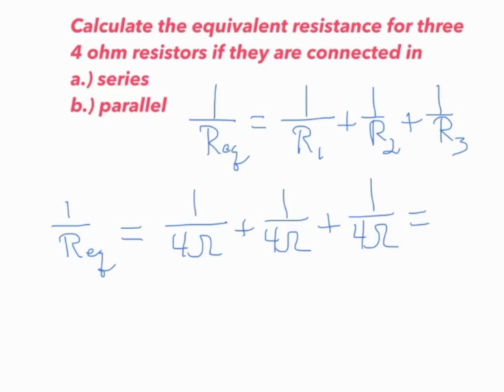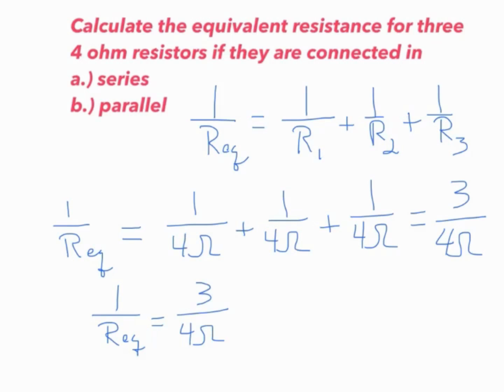And that equals 3 over 4 ohms. So 1 over Req equals 3 over 4 ohms. And then solving for Req, multiply each side by the reciprocal, and you have Req equals 4 ohms over 3, or simply 4/3 ohms, 1.33 ohms.